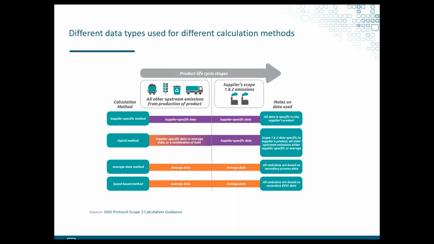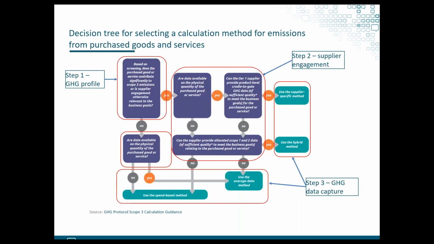The average data and spend data methods both estimate emissions for goods and services by collecting data on the amount or economic value of the goods or services purchased. So as part of this process, it's key to identify what calculation method will then be utilized. And this is naturally going to be heavily influenced by the quality and completeness of the data that hopefully you've identified as being available from the suppliers.